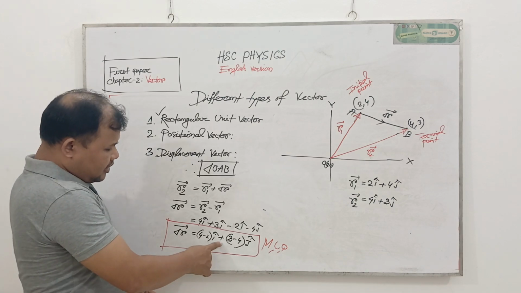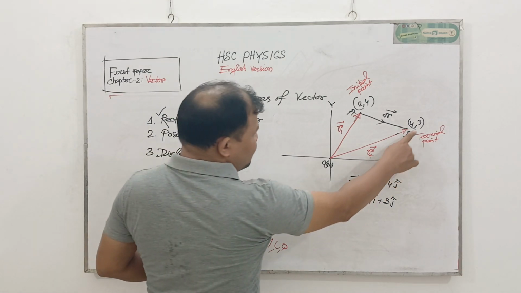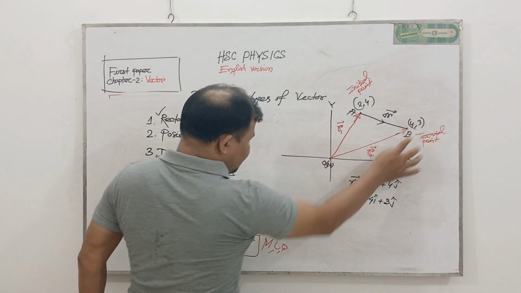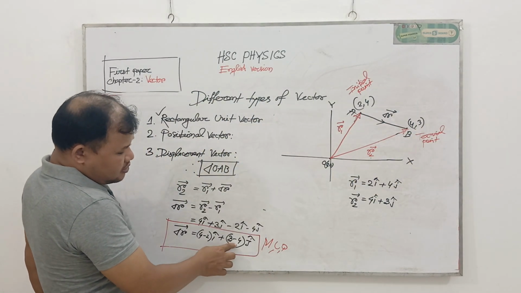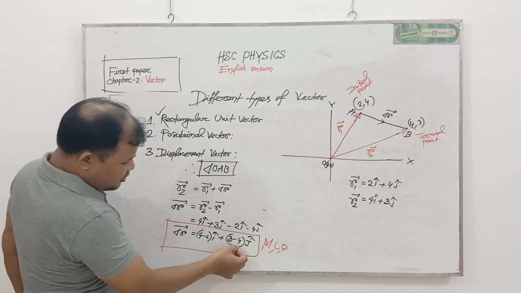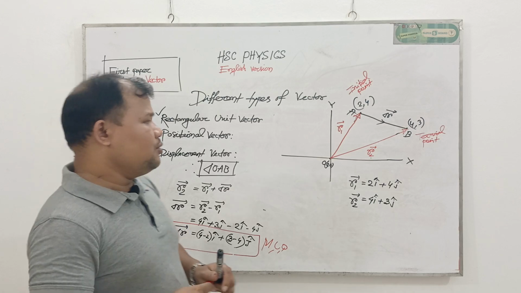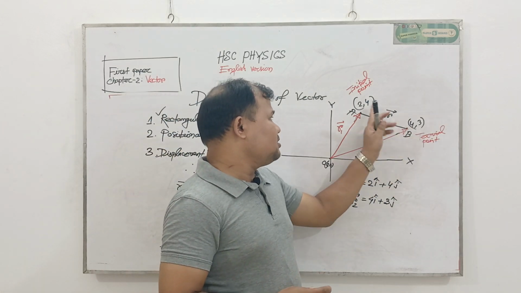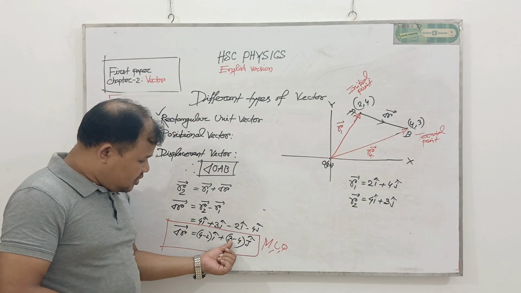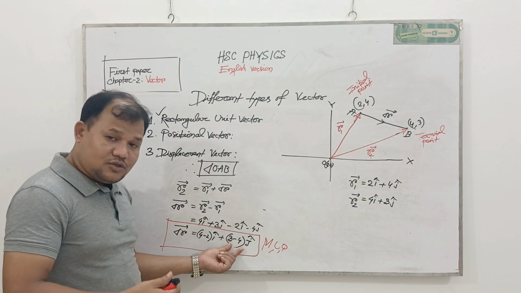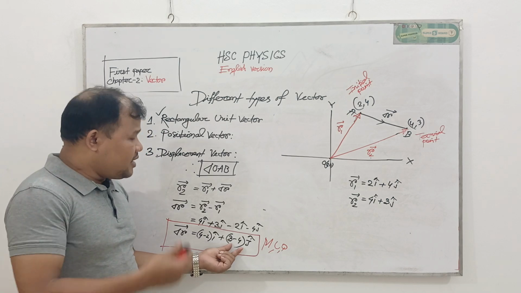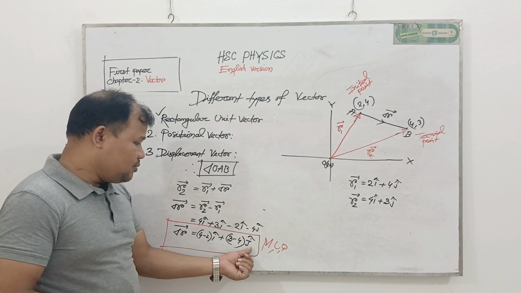Then we write a plus sign, then again we first write the terminal point of the displacement vector. The terminal point is 3, so we write 3, then a minus sign, then we write the initial point, 4. As this value represents the positive side of the y-axis and this 4 also represents the positive side of the y-axis, 3 minus 4 represents the change of the value of y, and as this is the y-axis, we use the unit vector j cap here.